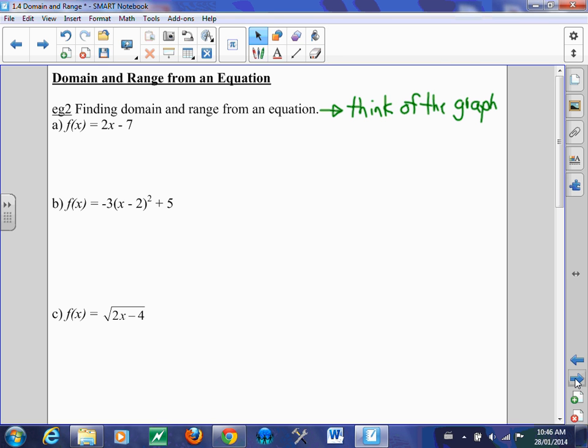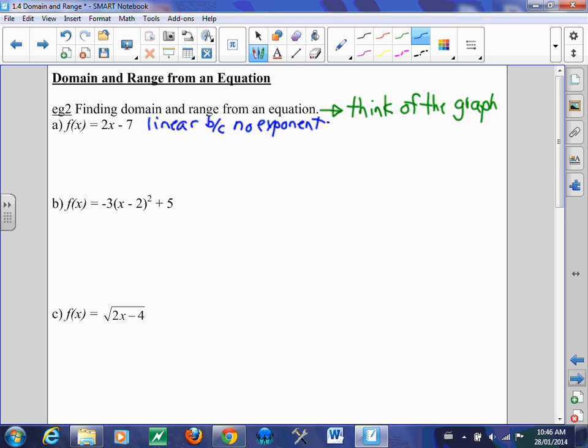First of all, what do we know about A? We know that it's a linear relation, linear because there are no exponents. And if there are no exponents and no restrictions, i.e. no vertical or horizontal line, you can tell there's a slope to it, guys.